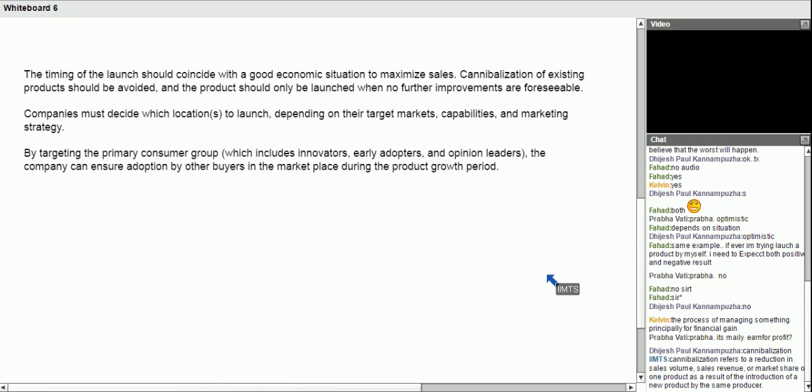Then it will be foolishness to launch another soap after 5 months, which will impact the sales of the previous launch. So the company should avoid such things which can have an impact on the sales revenue of other products. Clear?